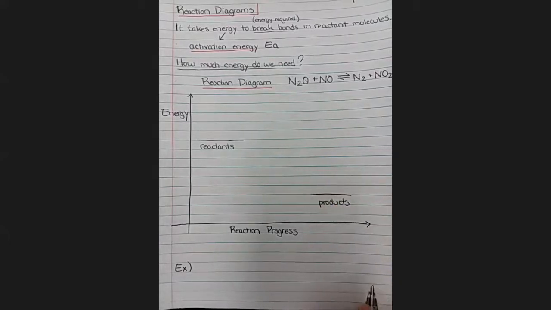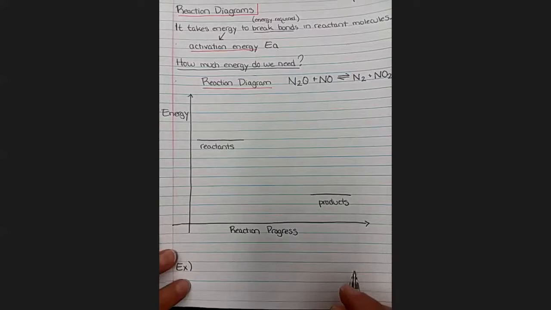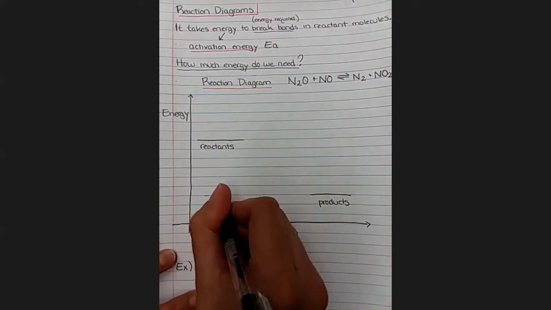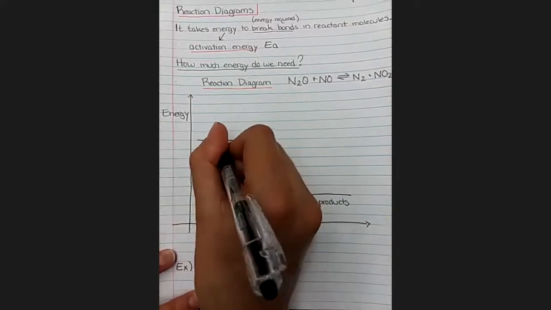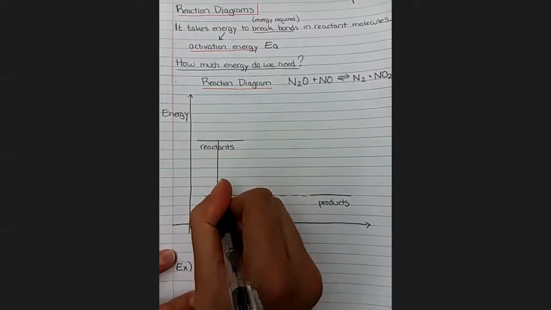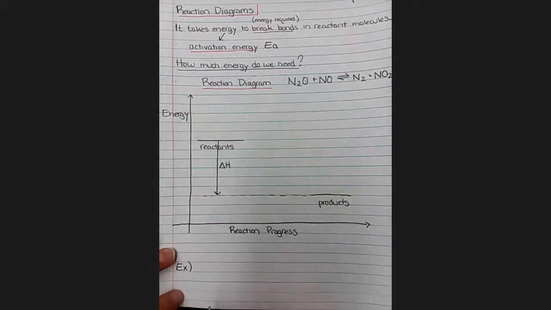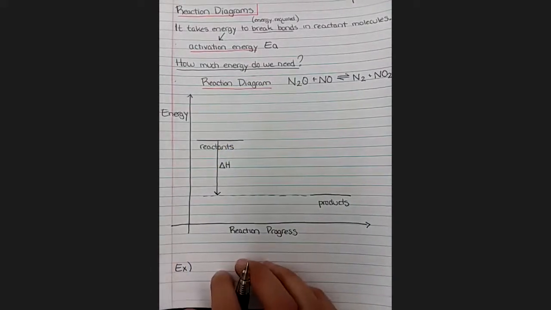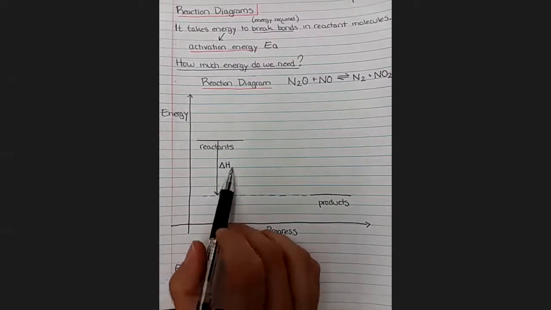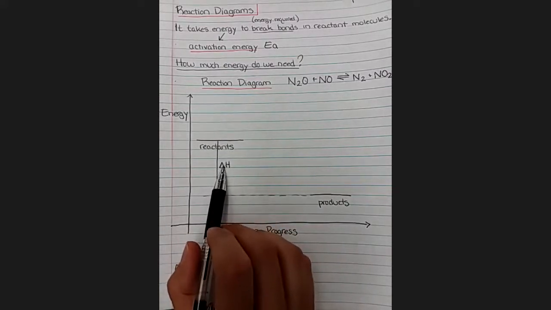And if we were in the thermodynamics chapter, we would want to label the delta H, the difference in energy between the reactants and the products, right? We've practiced doing that. Products minus reactants, that would be our delta H. And so remember, thermodynamics and enthalpy are all about the destination.